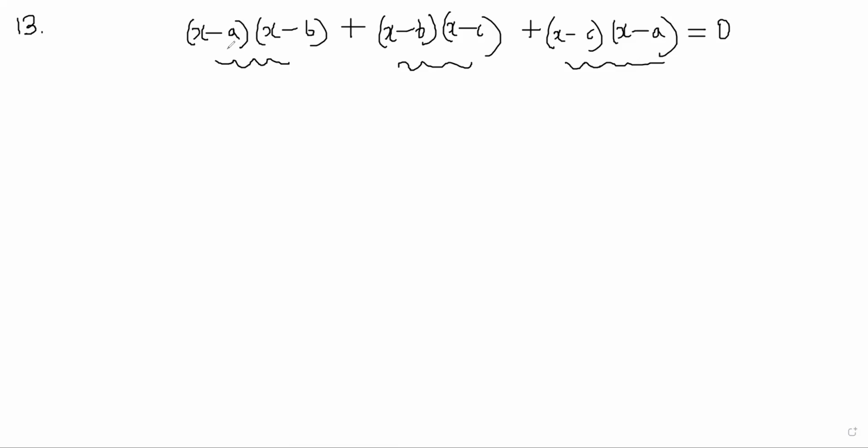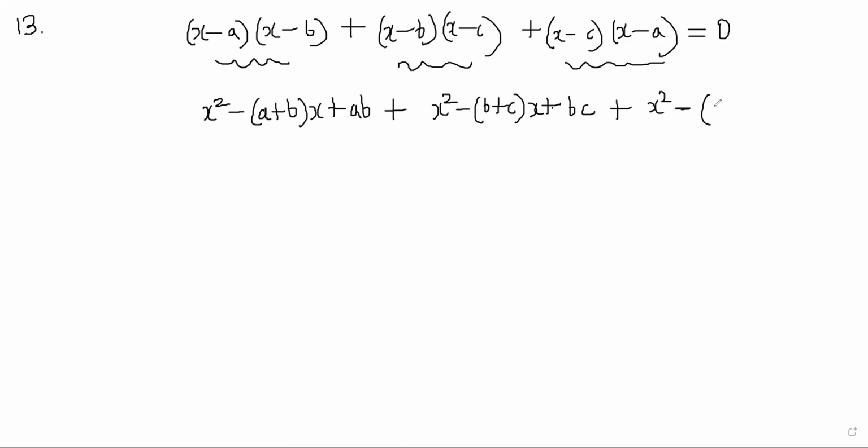One way to think is first expand a little and make it one nice quadratic. So this will be x square minus a plus b x plus ab, plus x square minus b plus c x plus bc, plus x square minus c plus a x plus ca is equal to 0, right?